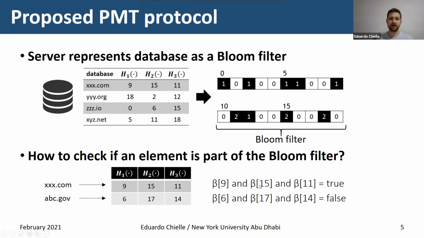And if they all evaluate to true, then it means it is probably in the database. And if any of them evaluates to false, it means it's not in the database. I said probably because there is a chance of false positive, which will depend on the parameters of the Bloom filter.